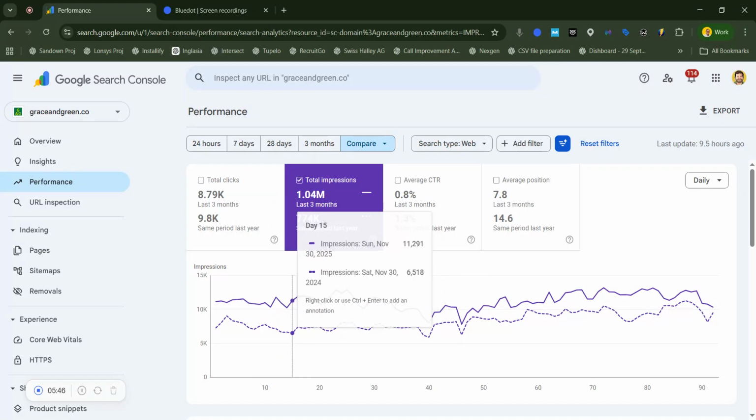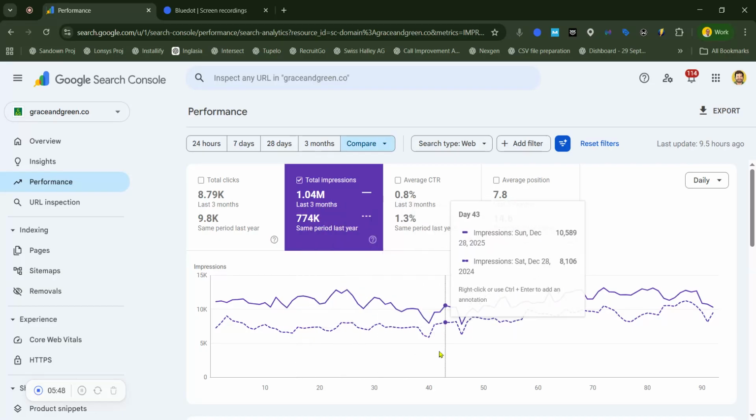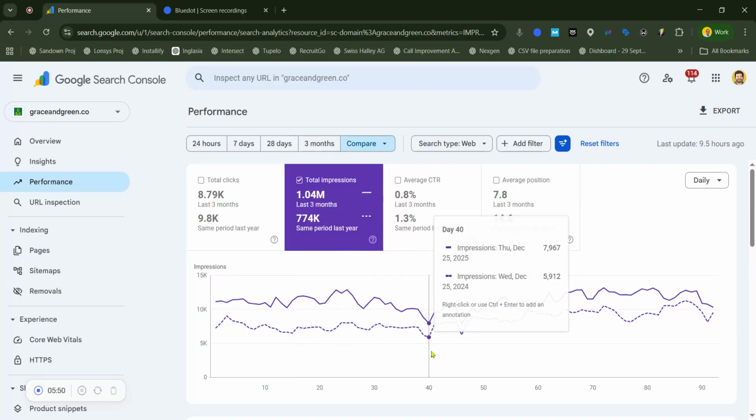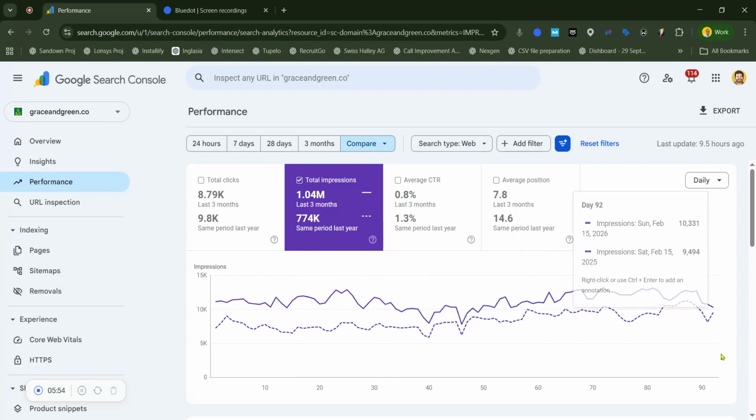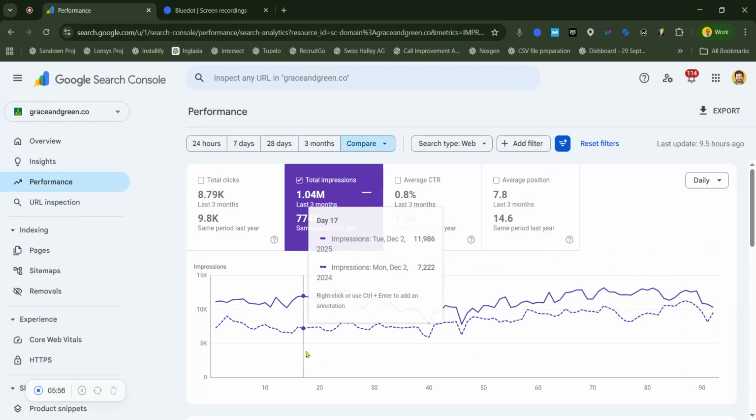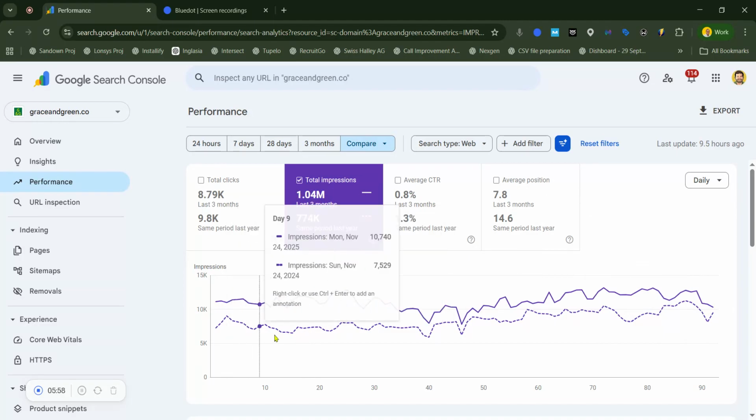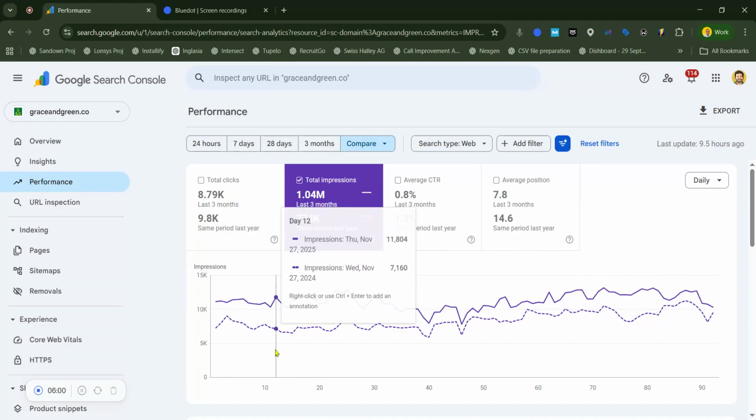On November 30th, last year and this year, there were drops. The same thing for December 25th, Christmas Day. So, in terms of the people that have seen the page, there have been drops in the same period. If impressions dropped along with clicks, that means demand decreased. Google is simply showing your website less because fewer people are searching for that topic.